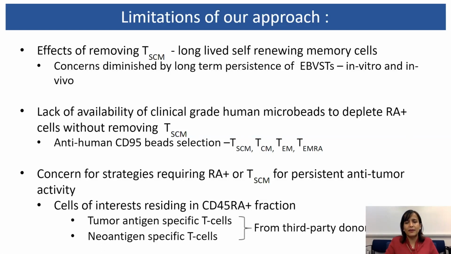That would be particularly true for tumor antigen-specific T cells or neoantigen-specific T cells that you're generating from third-party healthy donors, where the cells of interest might reside in the RA-positive fraction, and depleting CD45RA-positive cells might hinder the success of your T cell immunotherapy.